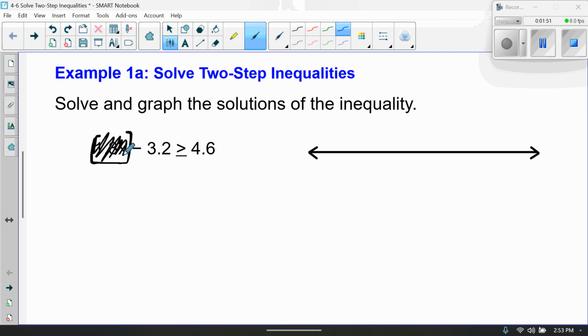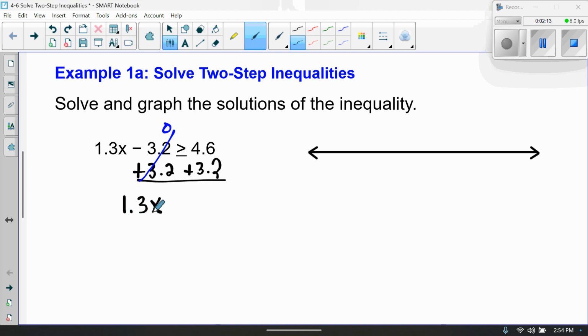Cover that up. What do I want to get rid of? The negative 3.2. So how do I get rid of the negative 3.2? We're going to add 3.2 on both sides. So these cancel to 0, and 1.3x is greater than or equal to 7.8.